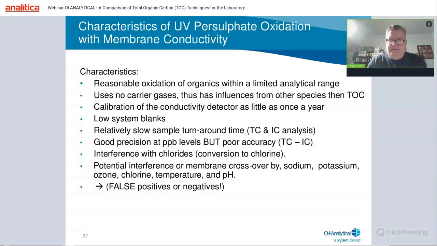I mentioned again the interference with chlorides, conversion to chlorine, and potential interference or membrane crossover by sodium, potassium, ozone, chlorine, temperature, and pH. You can get false positives or negatives.